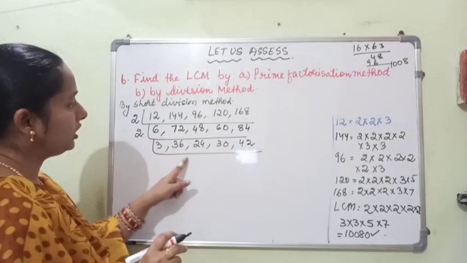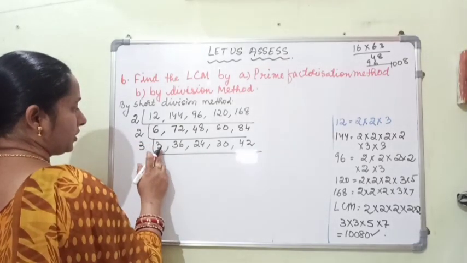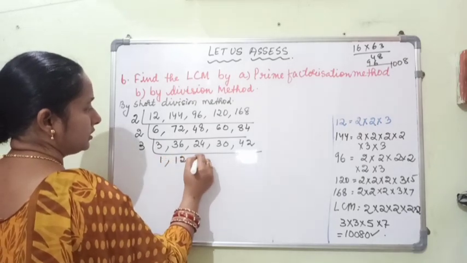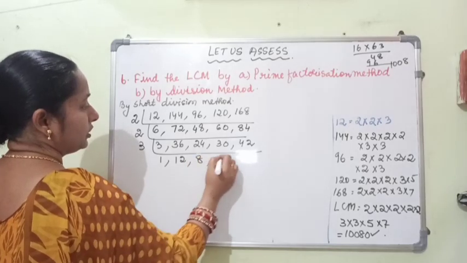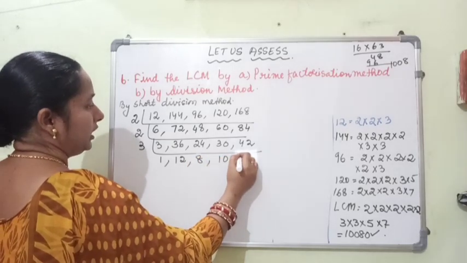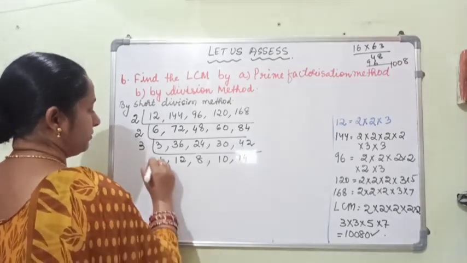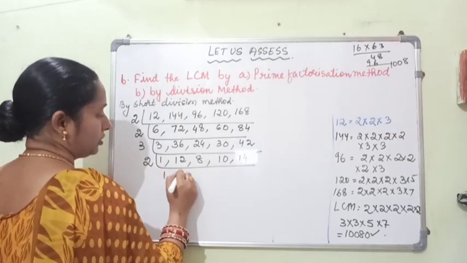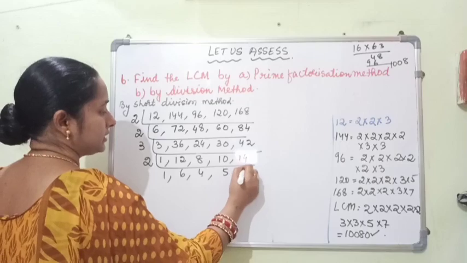Then all 5 numbers can be divisible by 3. 3 ones, 3 twos, 3 sixes, 3 eights, 3 tens, 3 ones, 3 fours. Now all these numbers again can be divisible by 2. 6s, 4s, 5s, 7s.